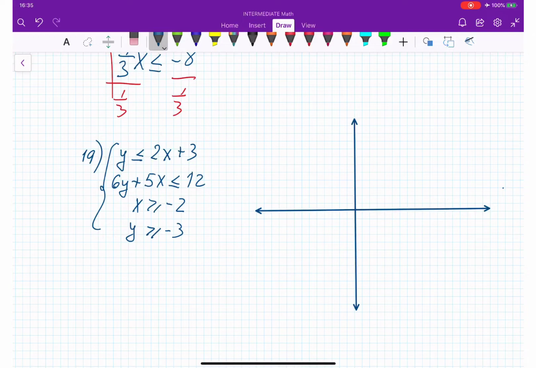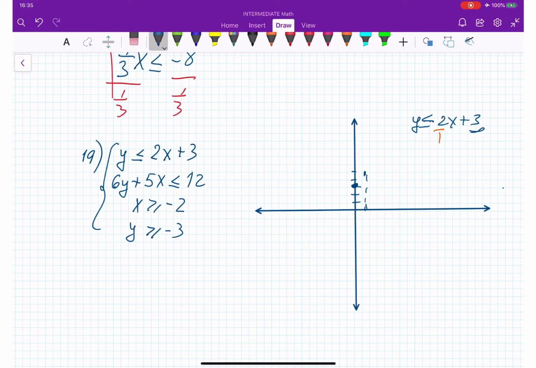So y is less equal to 2x plus 3. So 1, 2, 3, 1, 2, 3. Okay, here is 3. And then, so let me write down y is less equal to 2x plus 3. So 3 is our intercept, 0, 3. Now I'm graphing 2 over 1 slope. So I'm going up by 2, 1, 2, and then going positively 1.